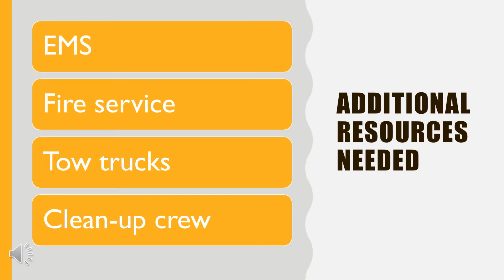Some additional resources that I feel would be needed: you've got a big mess going on here. There's going to need to be some heavy duty flatbeds, especially one that can pull the chemical tanker and the truck cab out. Fire service in case of any fires that flare up from any of this. Some tow trucks, and a massive cleanup crew.